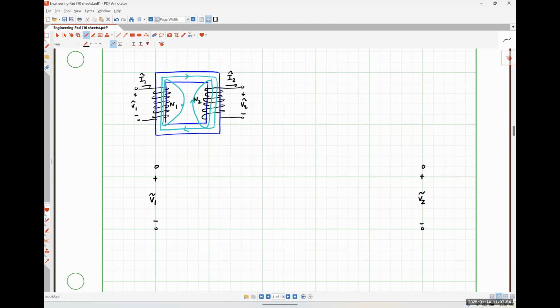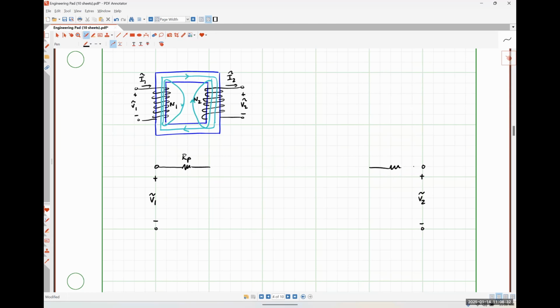So in a practical transformer, this coil has some finite amount of resistance because it's made of real wire that has resistance, okay? So I'm going to include a resistance here that I'm going to call RP, for the primary winding resistance. And very similarly, on the secondary side, that coil is also made of real wire. So we'll have, I drew that in the wrong place.